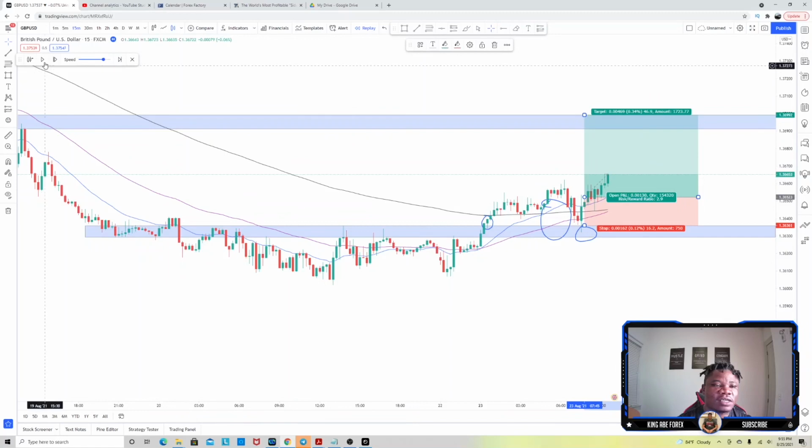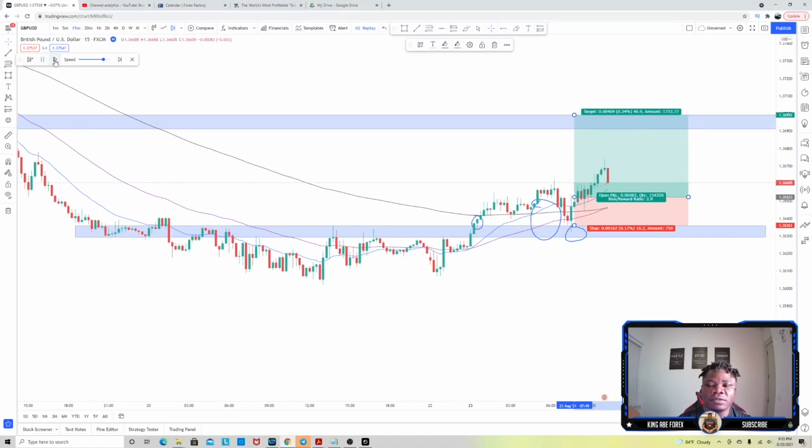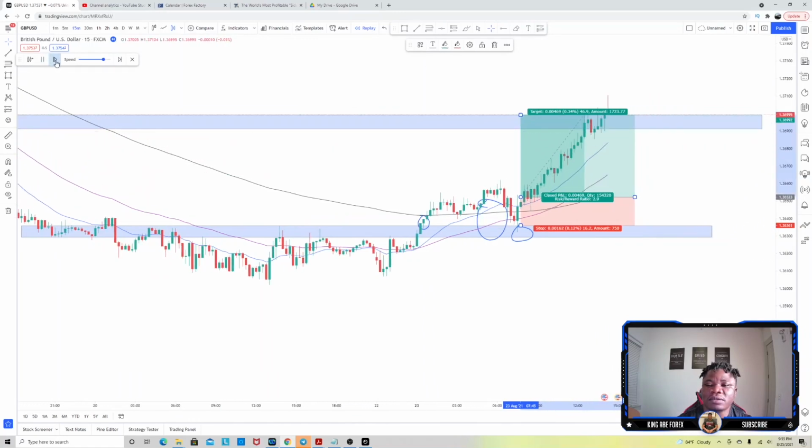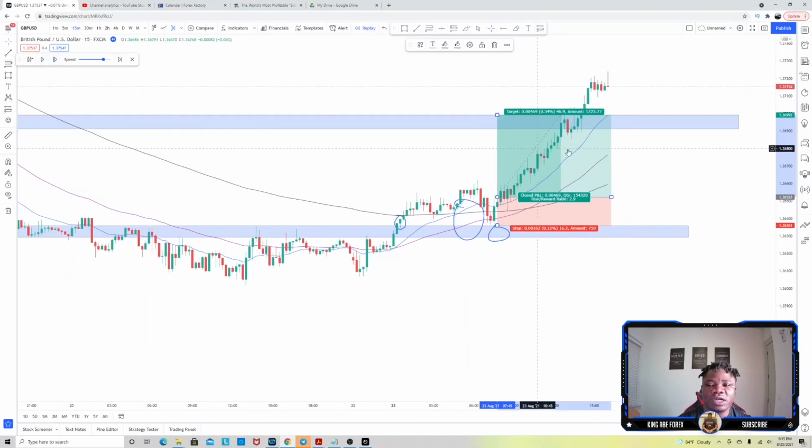So let's see how this trade played out. Right there, we got our take profit smashed for 46 pips, stop loss 16 pips, risk to reward ratio 2 to 9. So guys, this is exactly how you use this scalping strategy using the 21 EMA, the 55 EMA, and the 150 EMA, for a buy or for a sell trade.